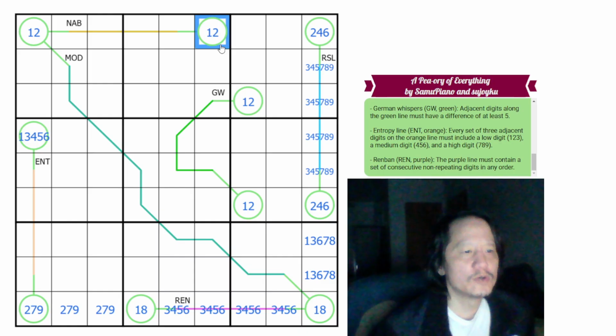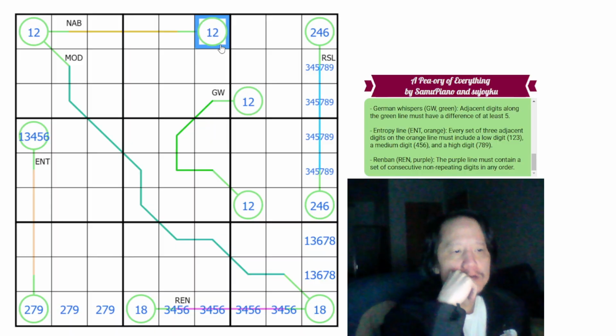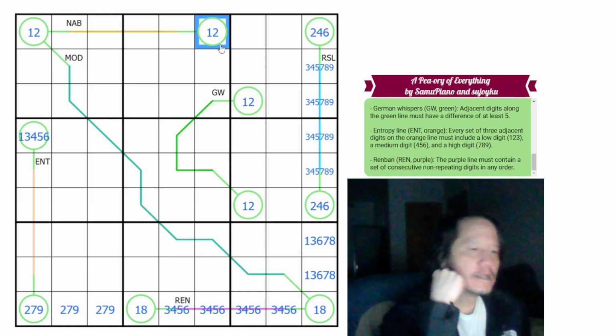So this is at most 24. It cannot be 23 because it would have to be 2, 5, 7, 9. Say it included a 1.